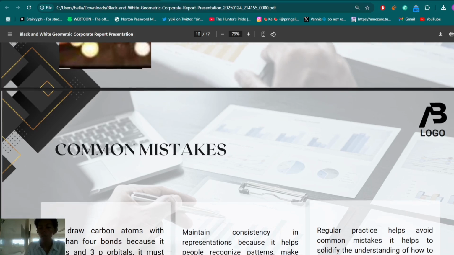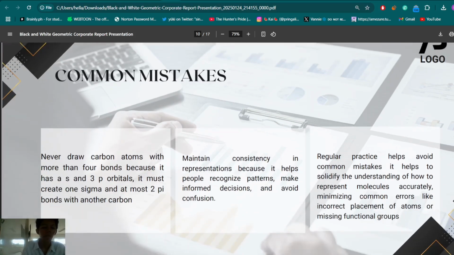Common mistakes in bond-line drawings. Never draw carbon atoms with more than four bonds. It's a big no because it has three orbitals; it must create one sigma and at most two pi bonds with another carbon.